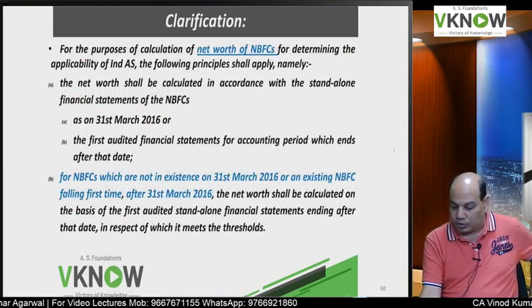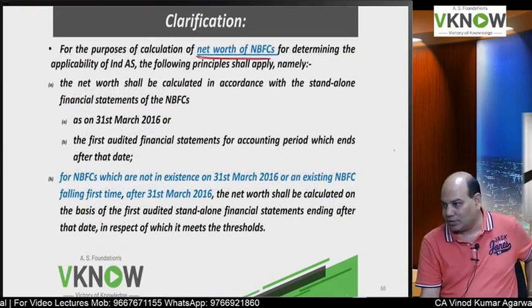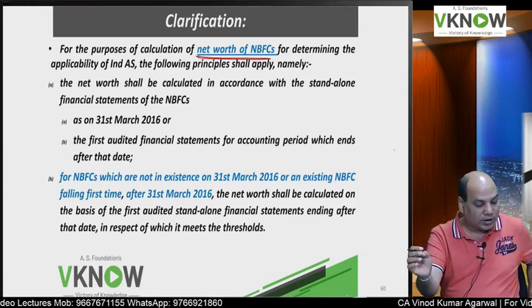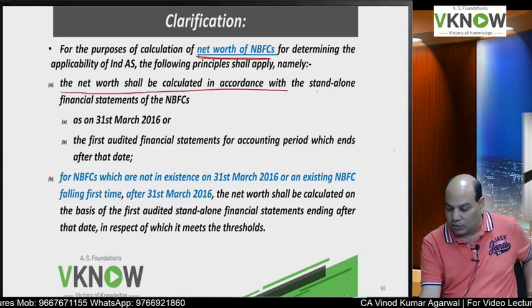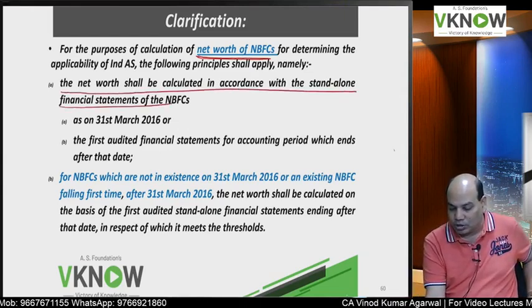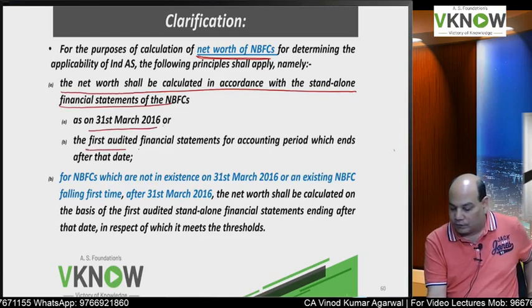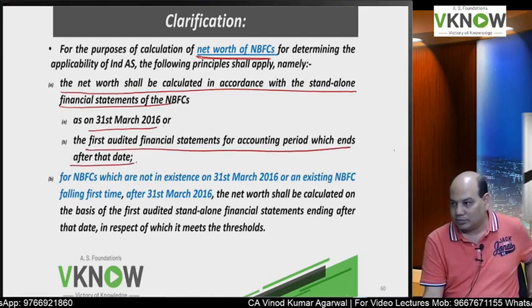Then what about NBFC? For NBFC I can't use the same date, because for NBFC the first phase itself is 1/4/18. So for NBFC they have said the net worth will be calculated as per standalone on 31st March 16, or the first audited financial statement for the accounting period which ends after that date. Is it right?